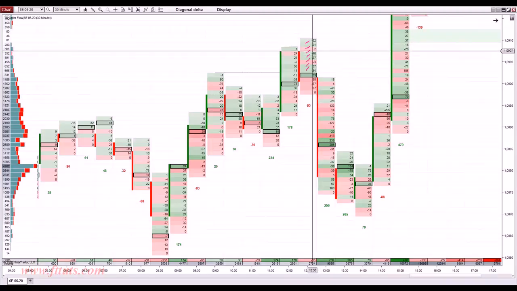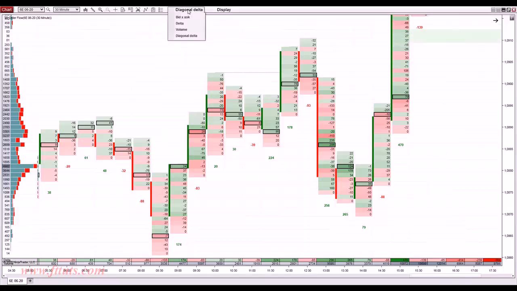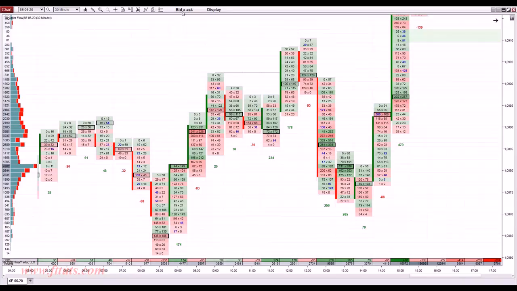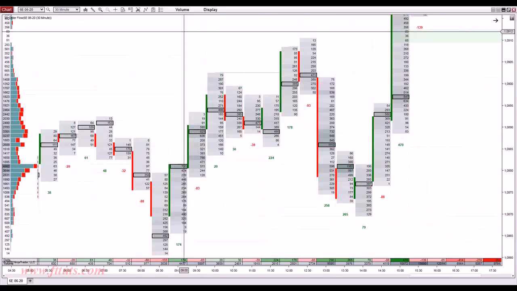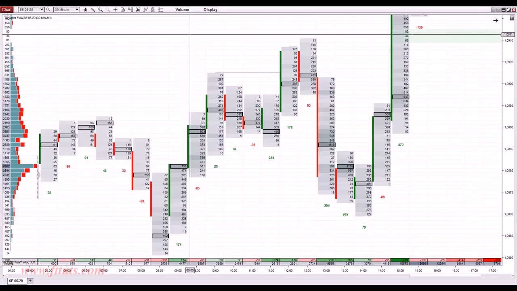Alright, bid minus ask. But I'm not using this one too often. As I said, mostly I use the bid and the ask, usually on a 5-minute or a 30-minute chart. And what I also really like to use is the volume footprints. I use those also on 5-minute charts and 30-minute charts.